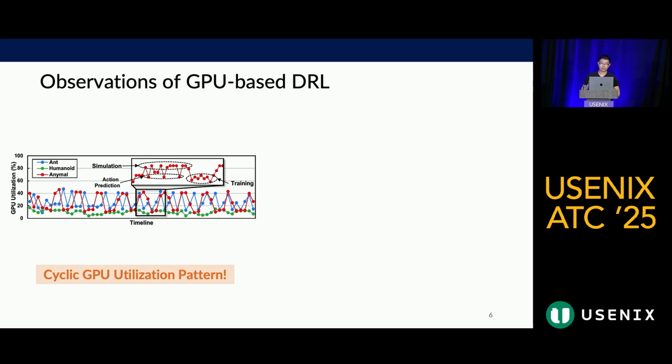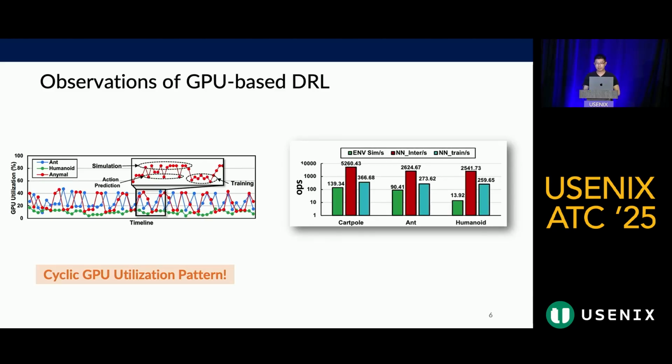And typically, there is a spike, and also there are lower utilization phases. Further, when we take a look at each of these phases, even though there are three phases and different phases exhibit different performance, when we extract them and profile their performance, what we observe is that the simulation takes the majority of the latency, which means the simulation is the key bottleneck.